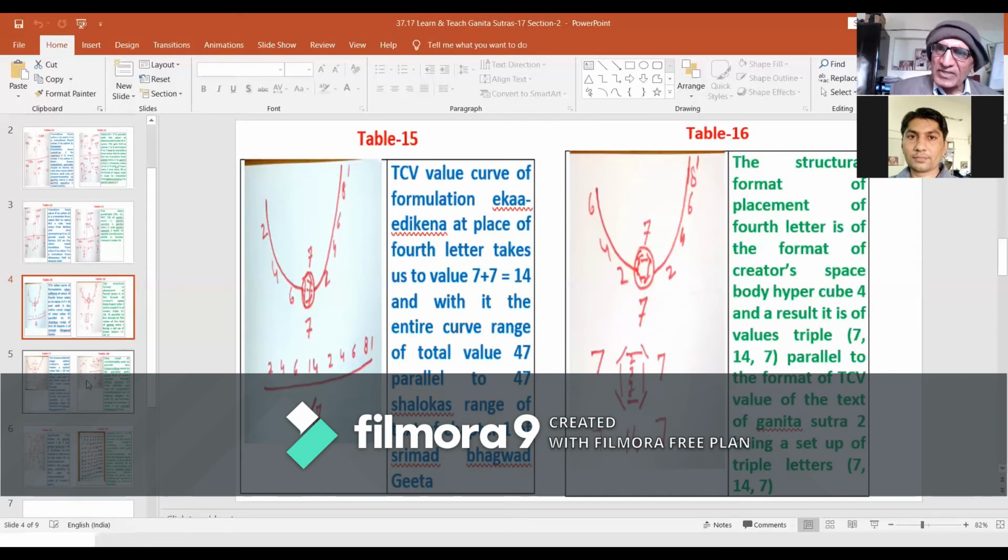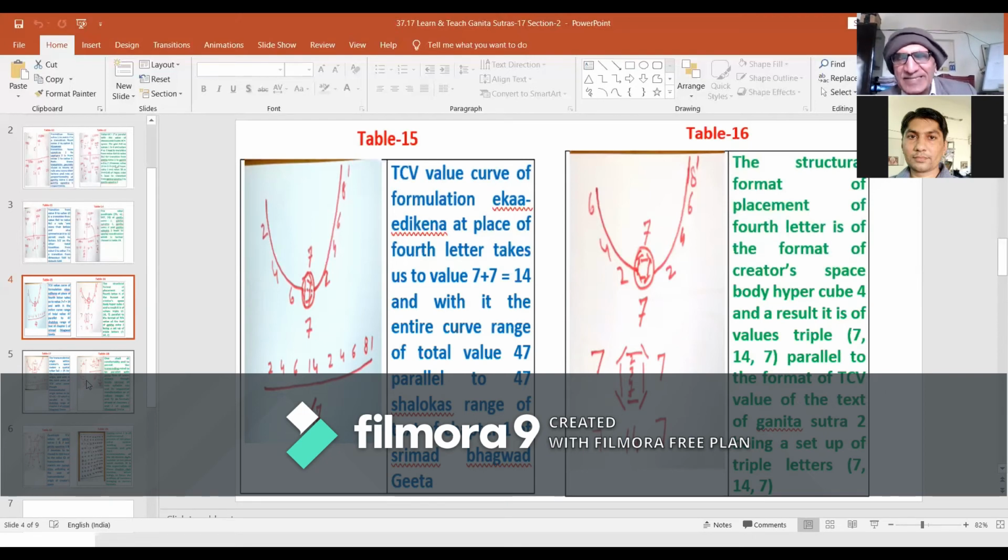Then one shall sit comfortably and permit the transcending mind to be parallel with the organization format features of the TC values curve of the formulation Ekadhikena, with focus upon the transition happening at the placement seat of its fourth letter.